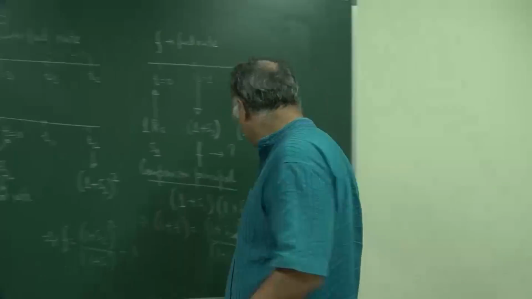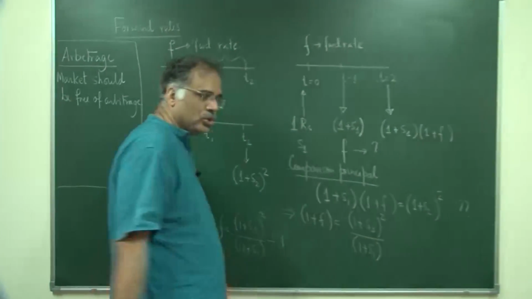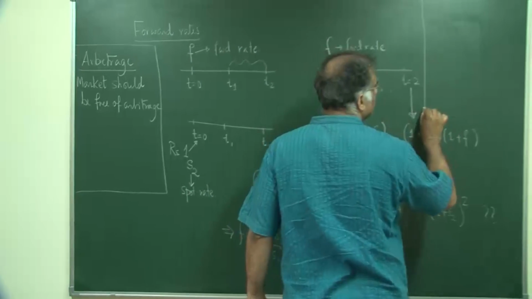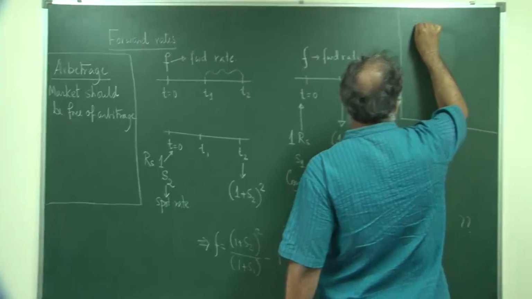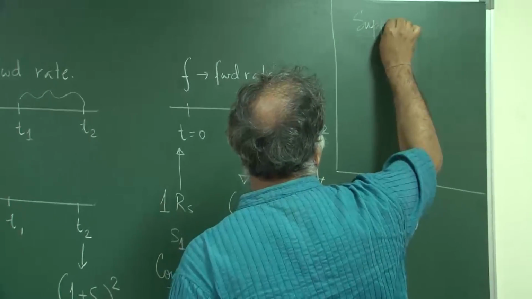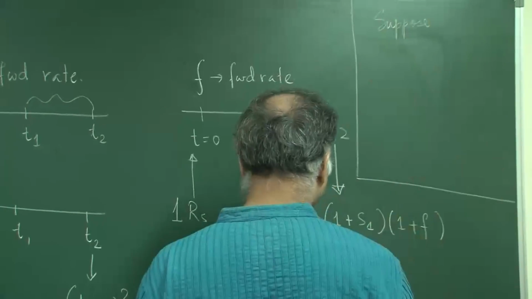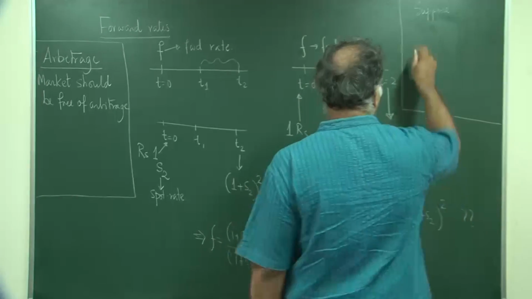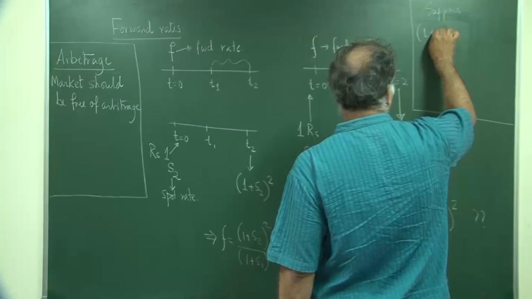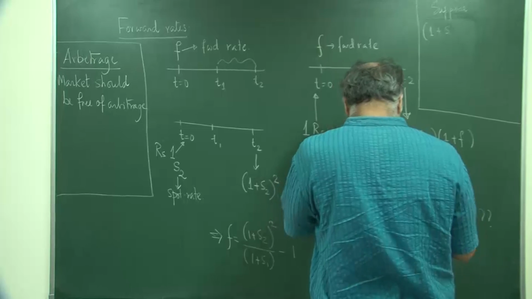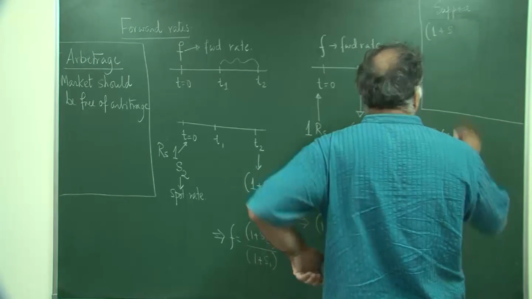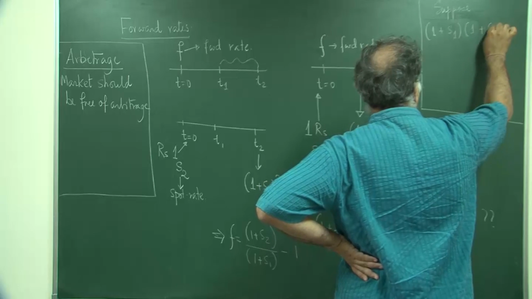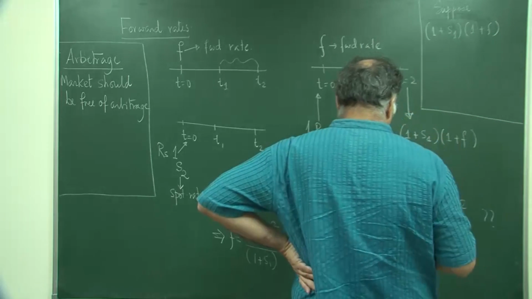So what would happen if the comparison principle is not invoked? Suppose I have, for example, that this is not equal but strictly bigger. So if I choose a forward rate F such that this is bigger than this, then I will have this, right?